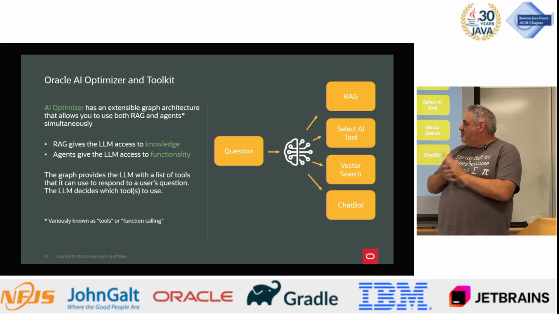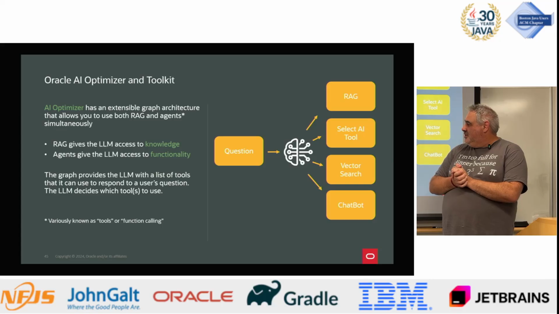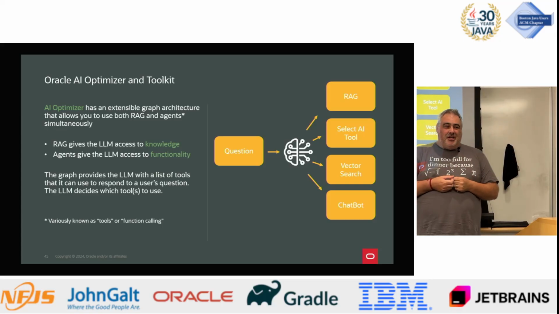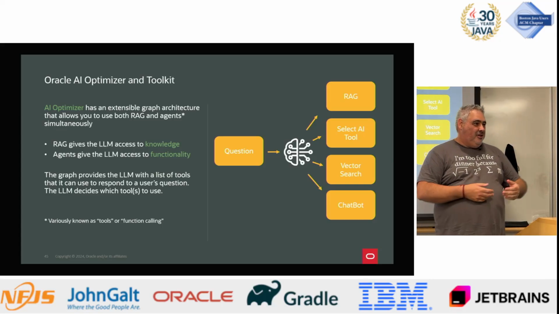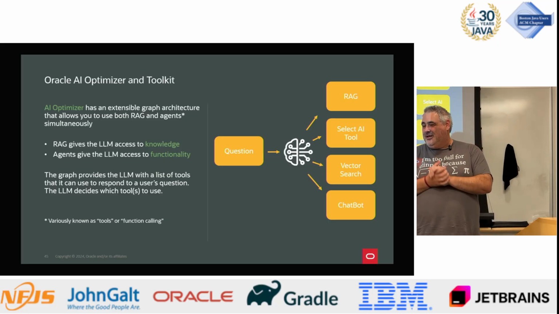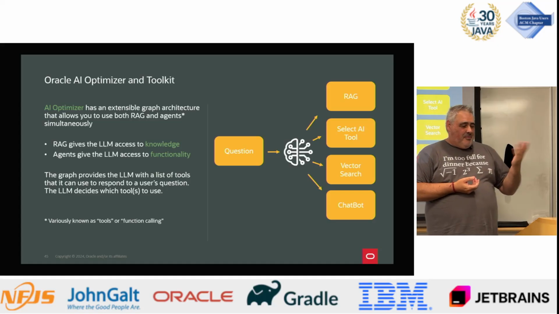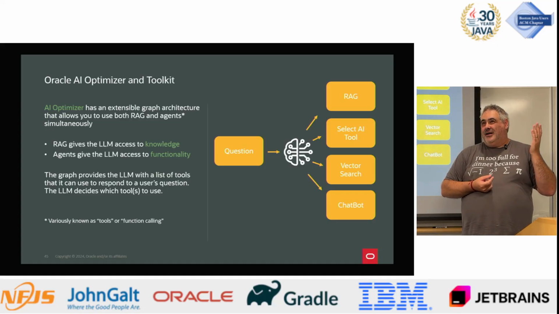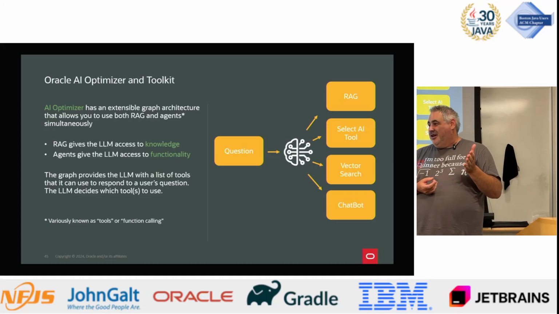Okay, so yeah, tools. The way this works is you define the tools and you say to the model, here are your tools. This one will send an email. This one will give you an auto insurance quote. This one will do whatever. Then the user comes along with a question like, how much does it cost for a checking account? And it'll go, well, for that I can just use RAG.